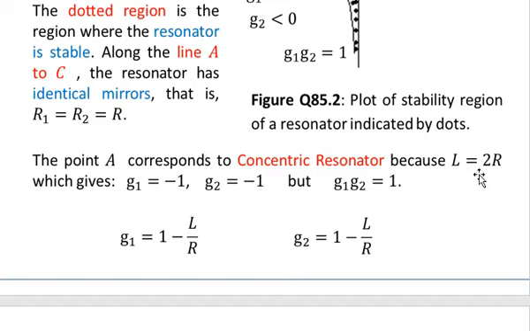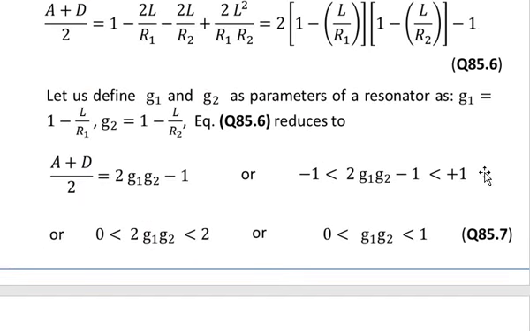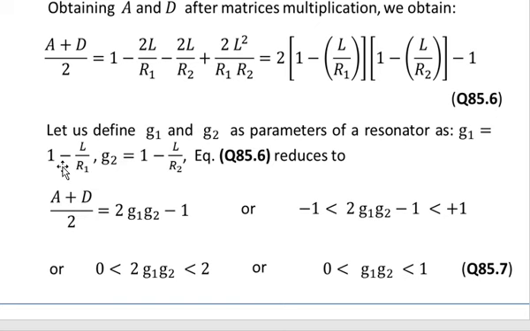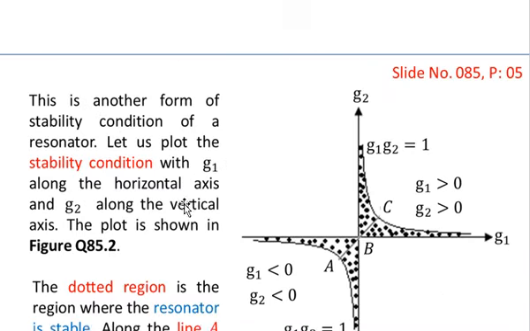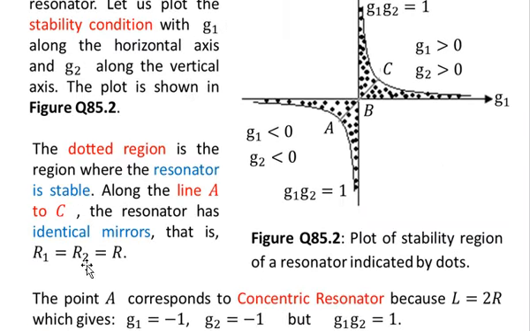So if you put the value of capital L is equal to 2R over here, because we have defined G1 is equal to 1 minus L over 2R, and similarly G2 is equal to 1 minus L over 2R, and again you put the value of L equal to 2R, and you see that R1 is also equal to R and R2 is also equal to capital R, because as mentioned, for the points A, B, C we have the same radii of curvature for the individual points.